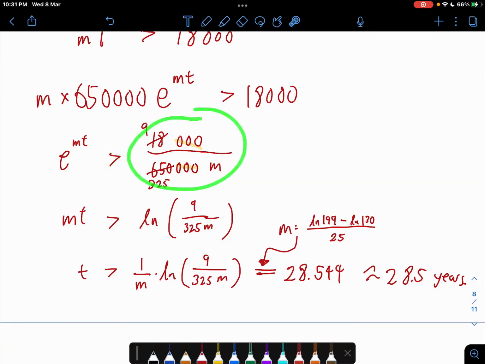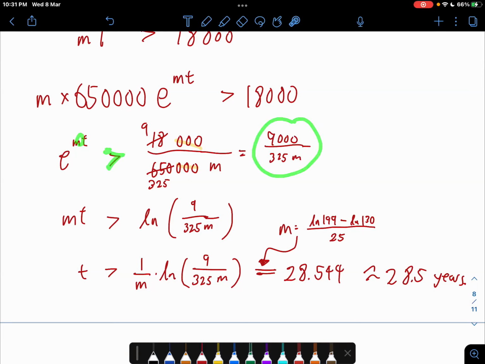Good. Then I simplify this fraction. I end up with 9,000 over 325 M. So e power mt is still strictly more than a fraction. How do I solve for mt now? What I do is I bring the e over, so it's essentially taking logarithm on both sides. Let me just write it neatly. e power mt more than 9,000 over 325m.